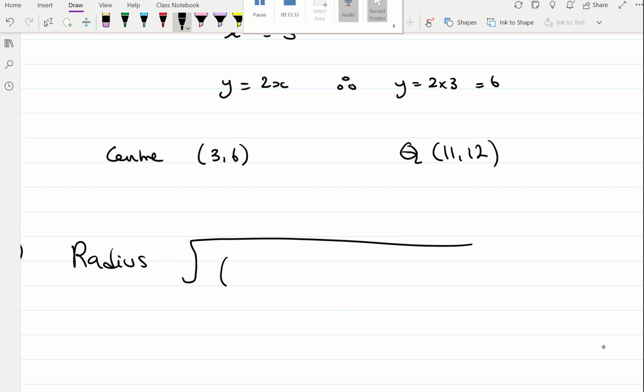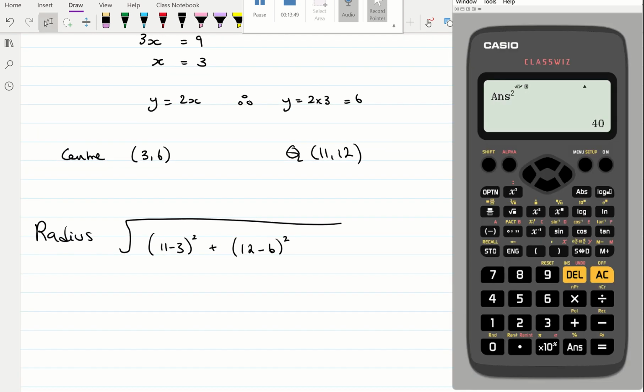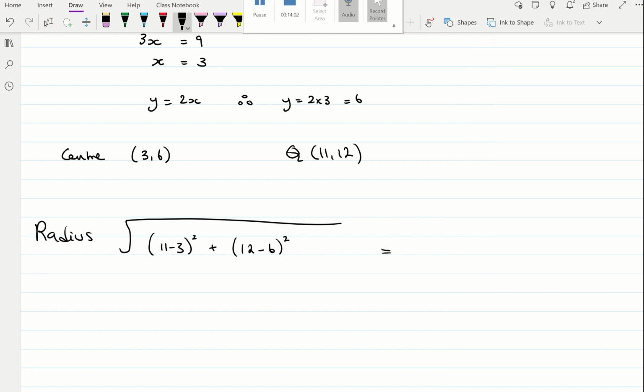So I want 11 minus 6 squared plus, is it 11 minus 6? No, that's x. 11 minus 3 squared, and then 12 minus 6 squared. And I put that into my calculator. 11 minus 3 squared plus 12 minus 6 squared, and that gives me 10.